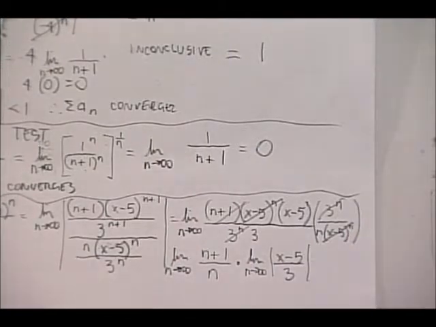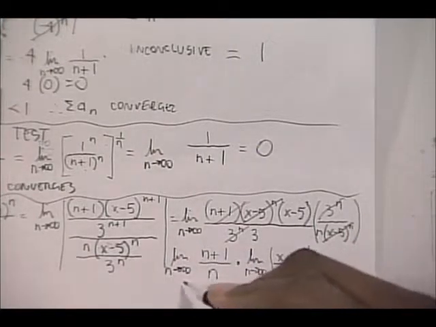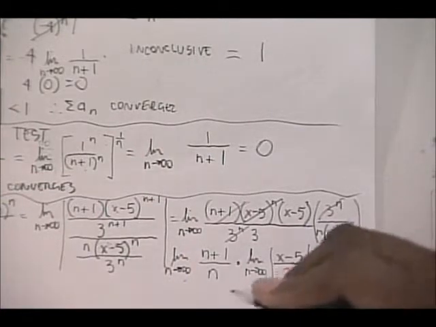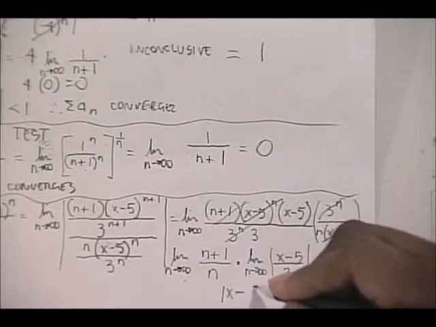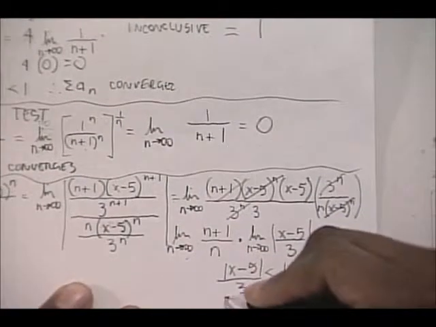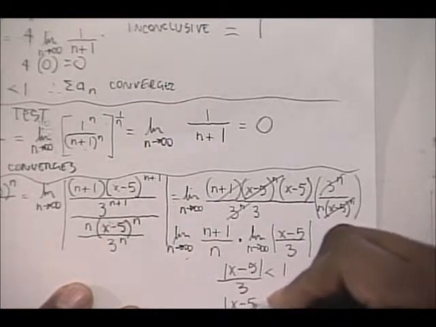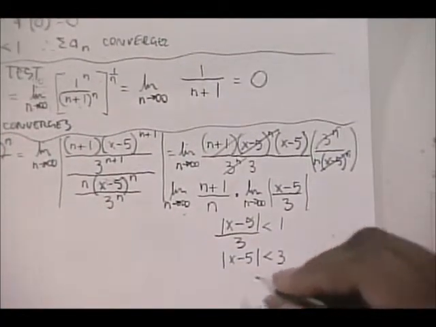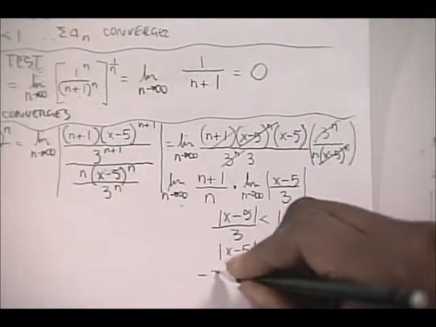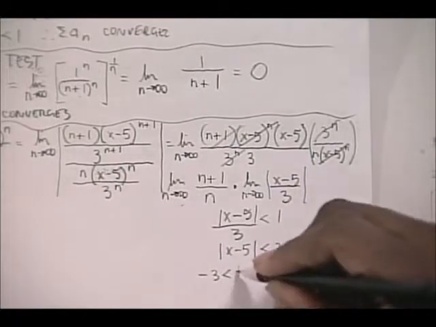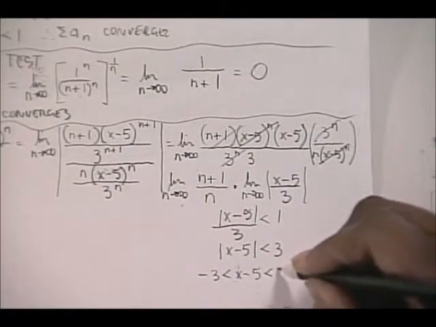Only one minute left. So the limit of (n plus 1) over n is 1. For this to converge, the absolute value of (x minus 5) over 3 has to be less than 1, so the absolute value of x minus 5 is less than 3. This simplifies to negative 3 less than x minus 5 less than 3.